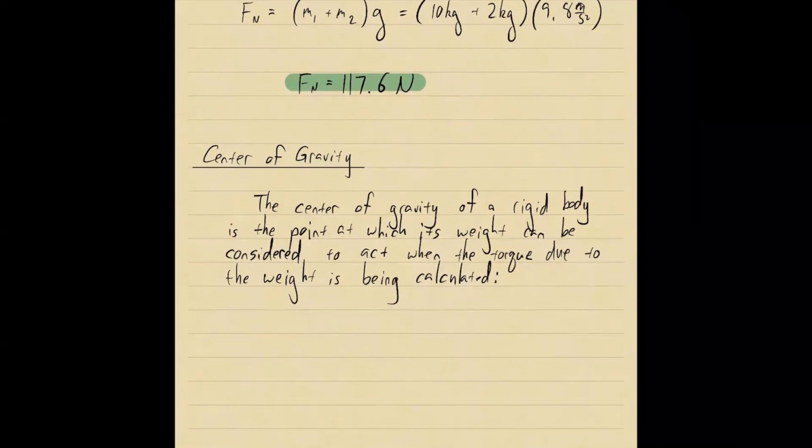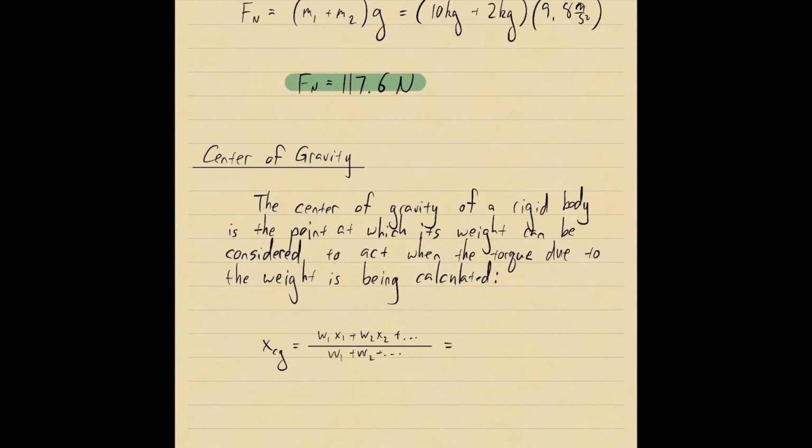So the center of gravity is going to be x_cg. It's going to be equal to the weight of the first little bit of the object times its distance away from an axis of rotation, plus the weight of the second bit times its distance away from an axis of rotation, any axis of rotation, right? But once you pick an axis, you got to stick with it. Plus so on and so forth, divided by all these weights, so on and so forth.